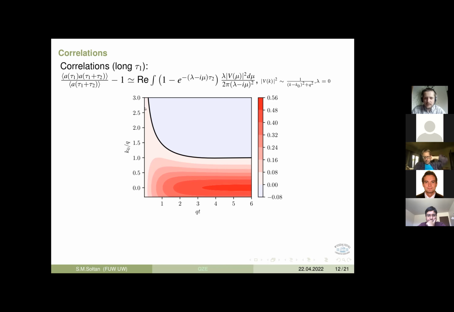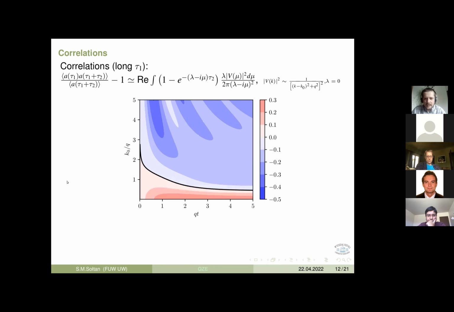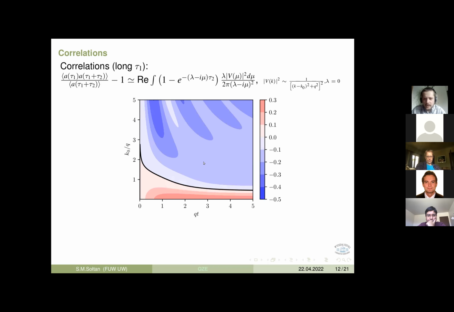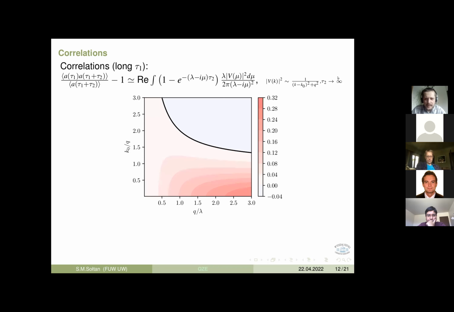And as a matter of fact, we also recover conditions of the standard quantum Zeno effect, or at least a very similar criterion in this case. So it is nice. Apart from this simple toy model, I also tried some other models, like square and Lorentzian, and it works as well.